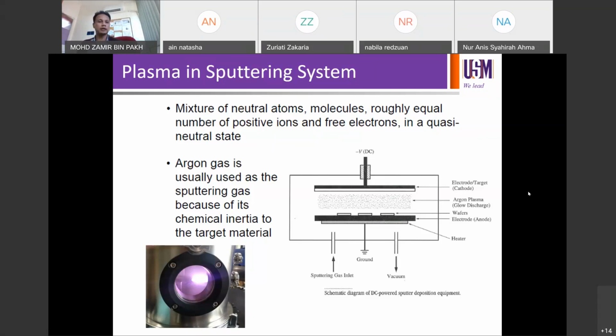Anis Shahira, is it good or bad? You want to deposit A, after the process you get B. Is it good or bad? Naim?